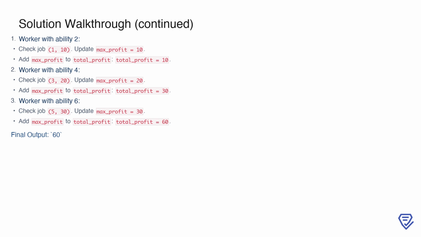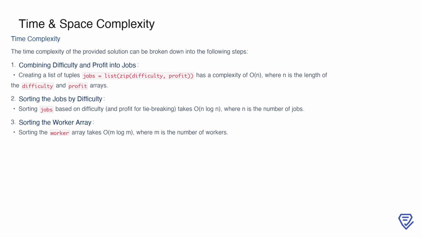abilities increase. To analyze the time complexity of our solution, let's break it into distinct steps. First, we combine the difficulty and profit arrays into a list of tuples called jobs. This step involves pairing the corresponding elements of the two arrays, which requires a single pass through both arrays. Since their lengths are both n, this operation has a time complexity of O(n).